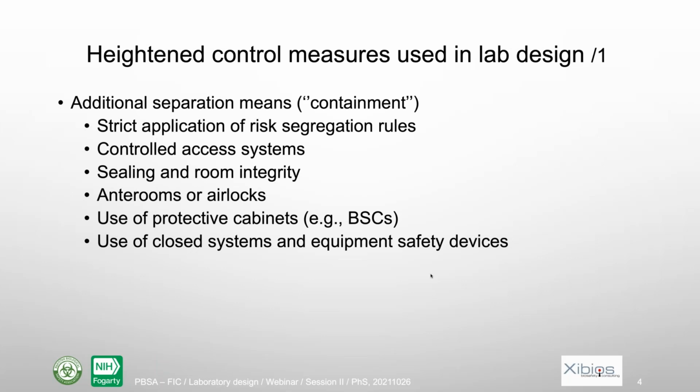We could also improve the room integrity, so have a higher level of ceilings, have some level of air tightness of the lab. We could have an entry room before entering the lab. And we could also use protective cabinets like biosafety cabinets. And we could use some closed systems and equipment safety devices, like for instance, the safety buckets that could be used for centrifuging.